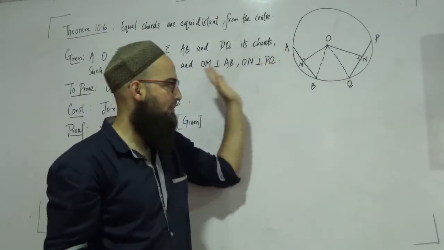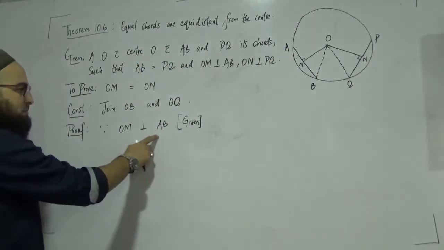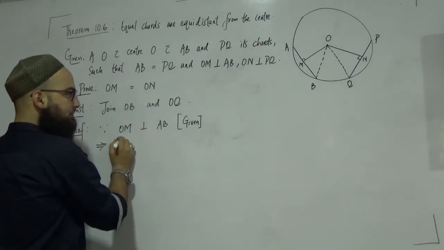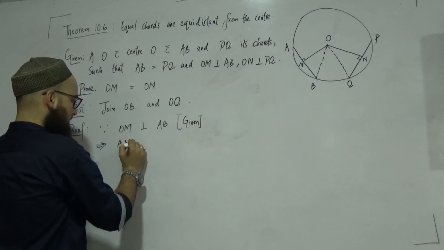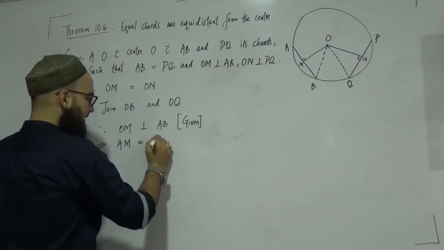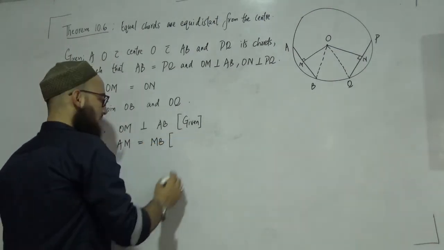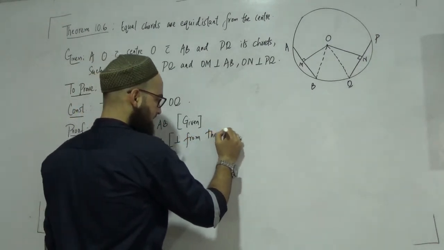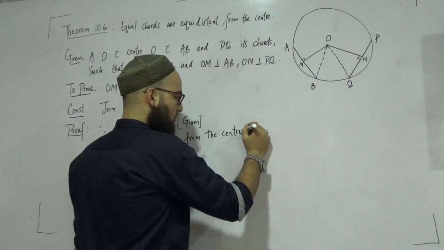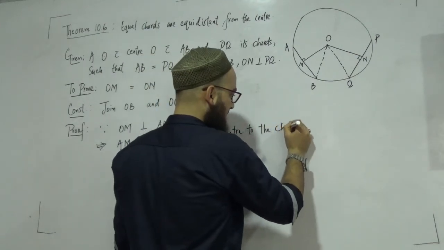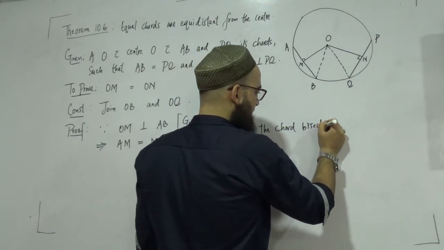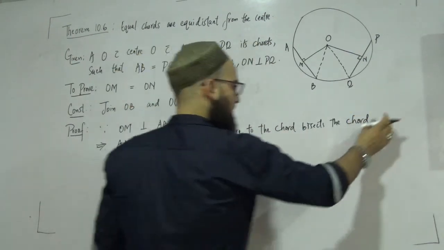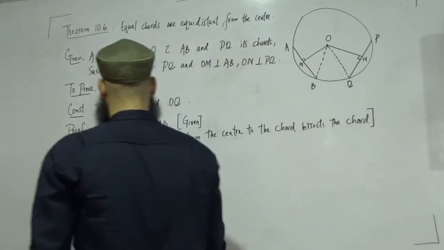That means AM is equal to MB. So OM is perpendicular to AB, which implies that AM is equal to MB, and the reason is perpendicular from the center to the chord bisects the chord.